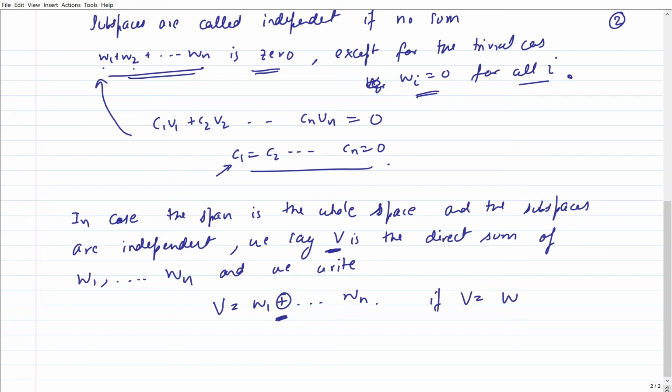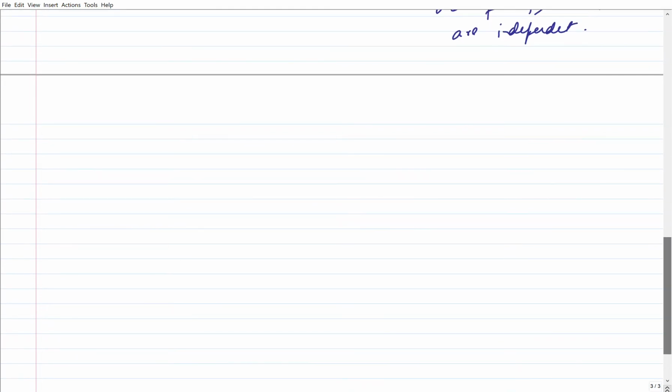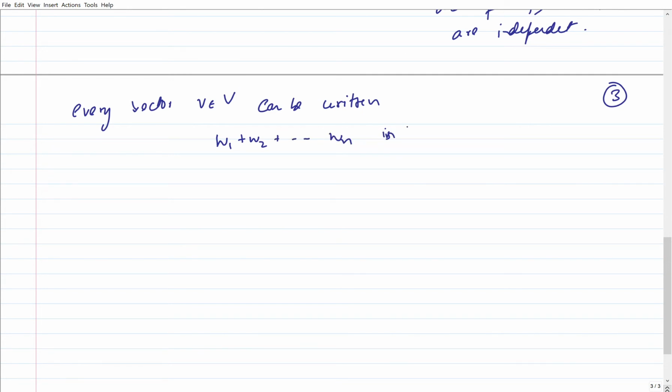If V is W1 plus W2 plus ... Wn, and if W1, ..., Wn are independent, this is equivalent to saying that every vector v belonging to the vector space can be written in this particular form, w1 plus w2 plus ... wn, in a unique way.